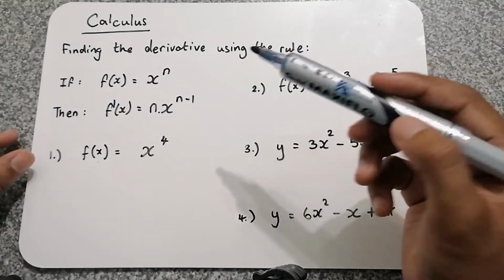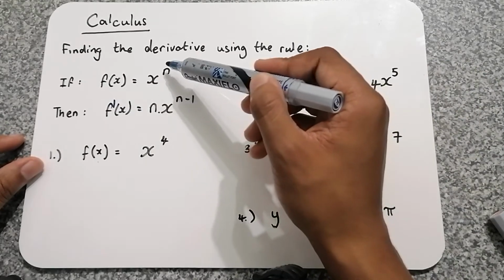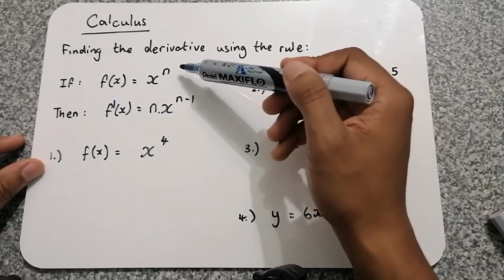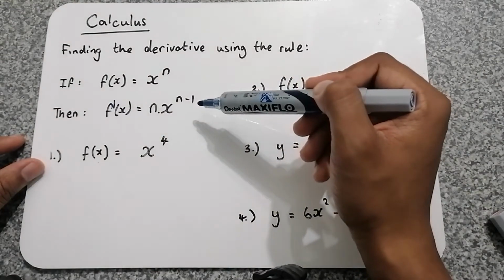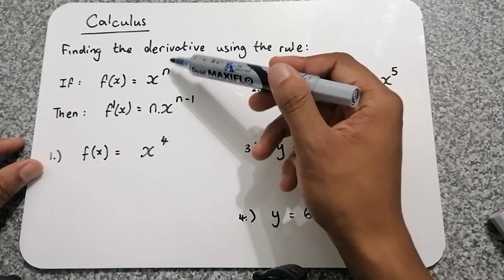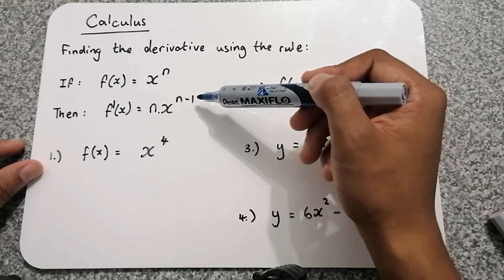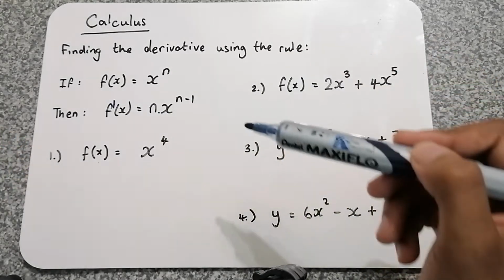So what this basically means is that the exponent is being multiplied with the number in front of the x, and then it's being decreased by 1. Okay, so two things are happening. You're multiplying the number in front with the exponent, and then you decrease the exponent by 1.